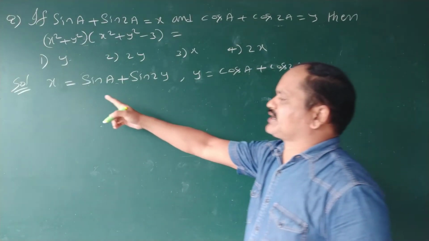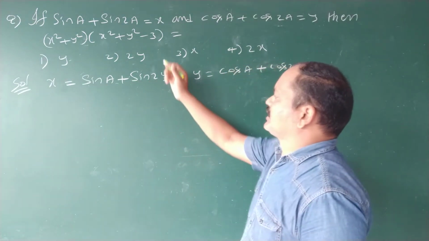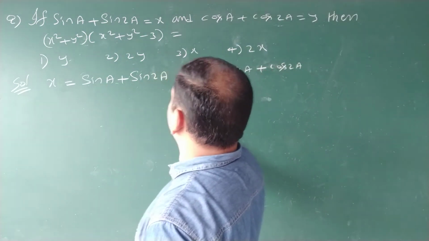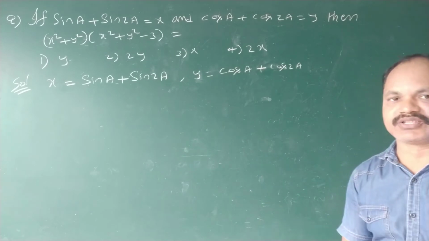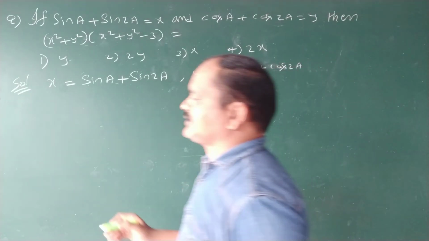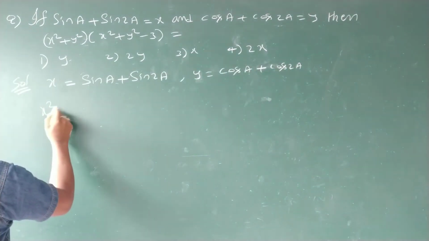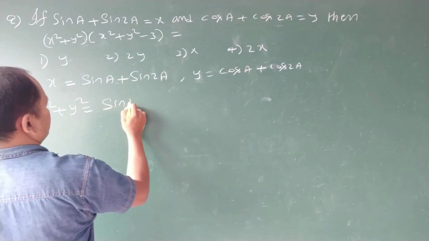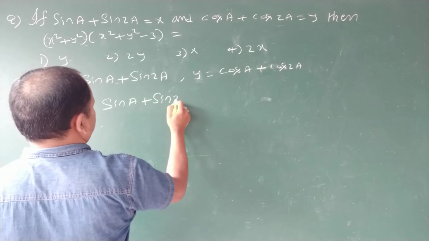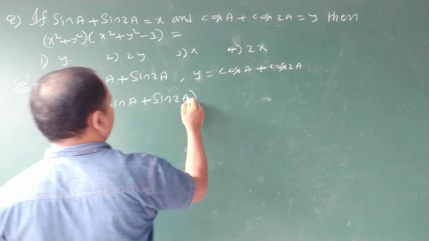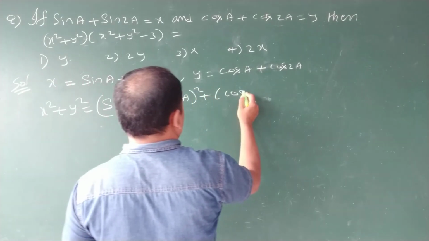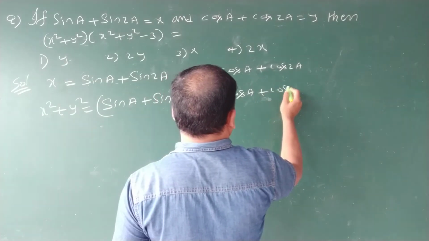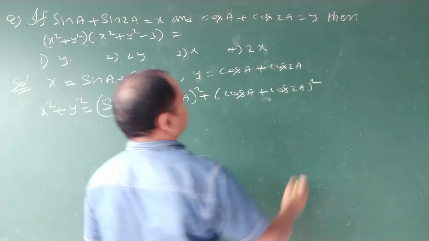So take x is equal to sin a plus sin 2a and y is equal to cos a plus cos 2a. Now squaring and adding. So x square plus y square is equal to sin a plus sin 2a whole square plus cos a plus cos 2a whole square.